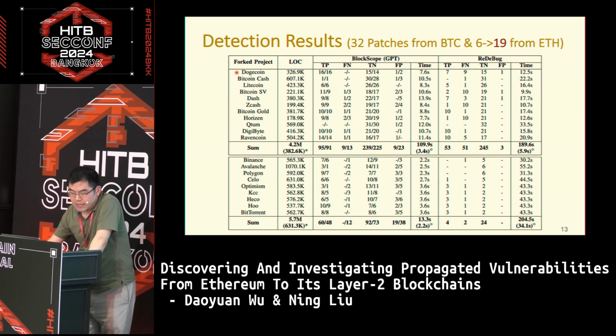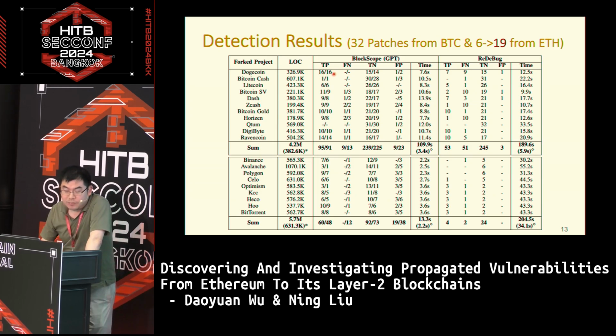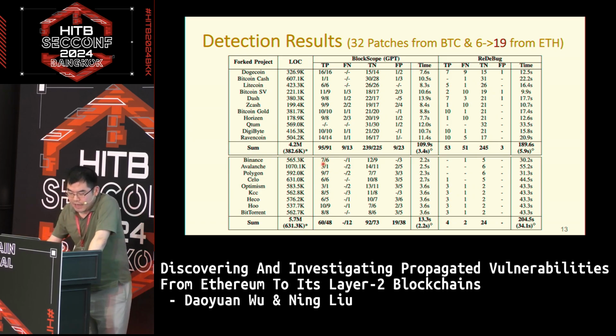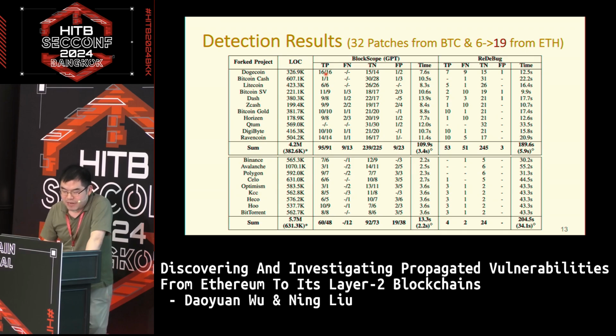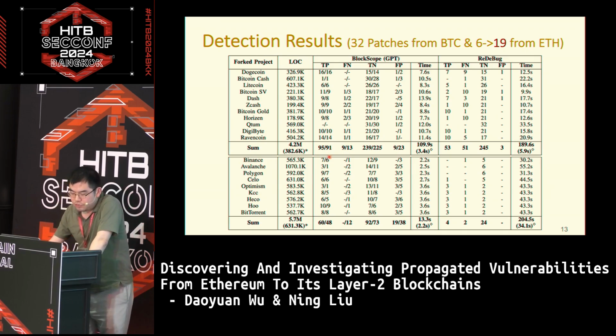For example, in Dogecoin it has 16 vulnerabilities that were not patched, and around 15 vulnerabilities that were already patched. For the Ethereum projects, the results are much better than the Bitcoin system.